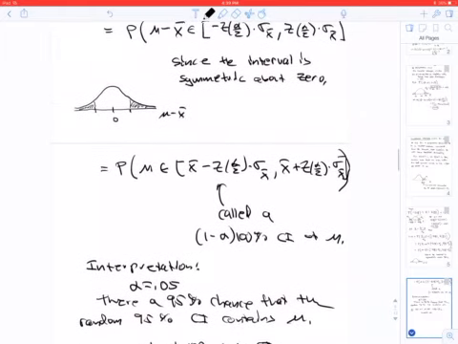So just remember from this form here, I'll just highlight it. You can see that what's random here is the x bar. So this 95% CI is random. You'll get a different interval with every sample. What is fixed, however, is mu.